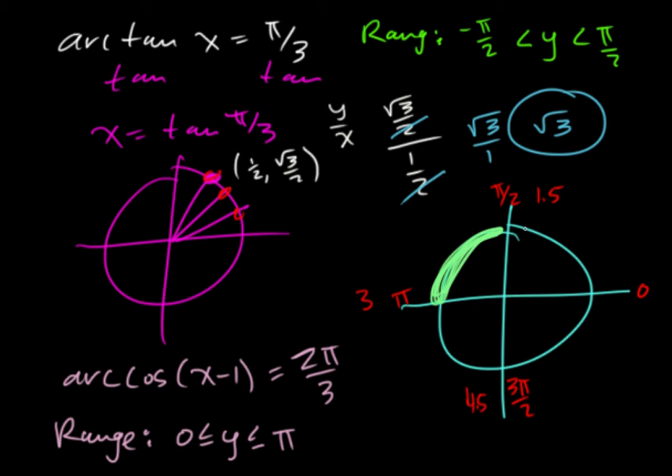And we want to know exactly where we're at. So what I'm going to do is subtract out pi halves and see what's left over. So we have 2 pi thirds minus pi halves. We need to get common denominators. And so we're going to get 4 pi sixths minus 3 pi sixths.